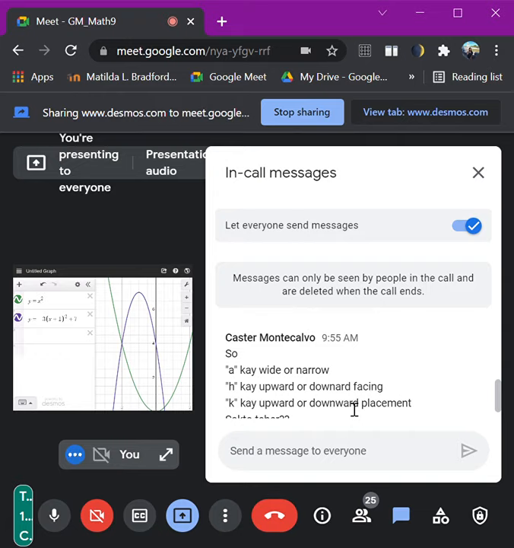H is the movement left or right. K is the movement upward or downward.